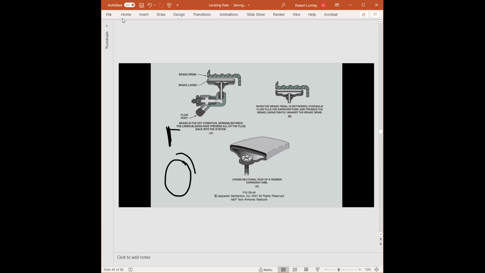You pull on the handle, the wood block would hit the tire and slow it down. And that was the original brakes. From there, we eventually increased. This was, by the way, known as a mechanical brake system. And the bar, ready for this? The bar that the person pulled on is called a Johnson bar.